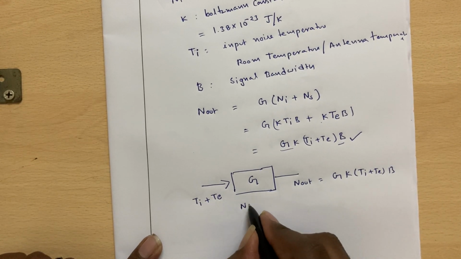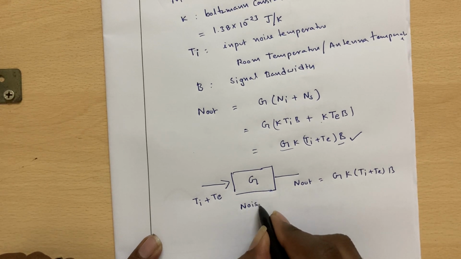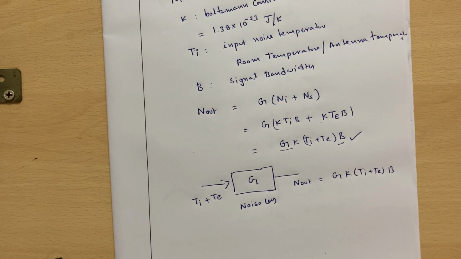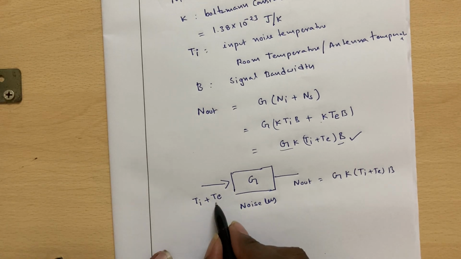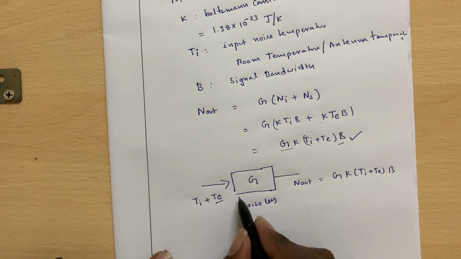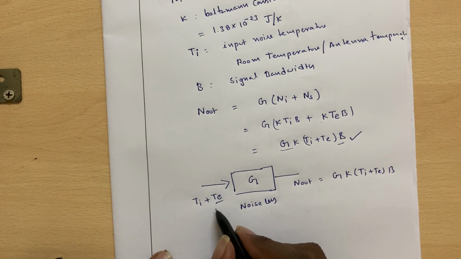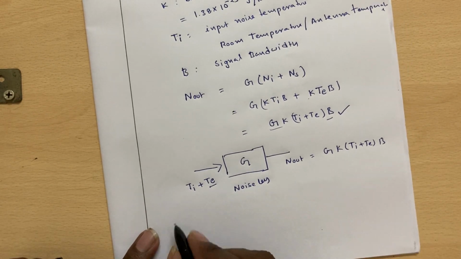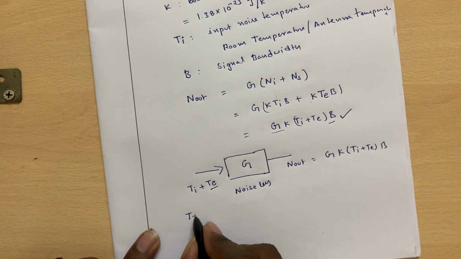So we are writing a noisy block in terms of a noiseless block by adding to the input temperature a Te. Some blocks may require an extra Te, or some blocks may require a lower value for this Te. That depends on the design of the block, and this Te is called the noise temperature of the block.